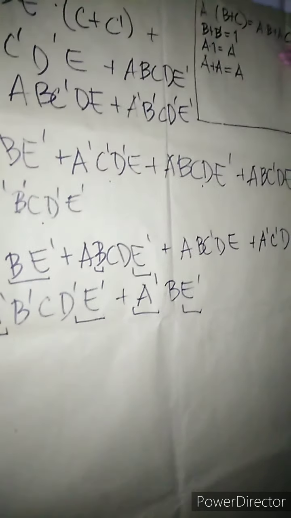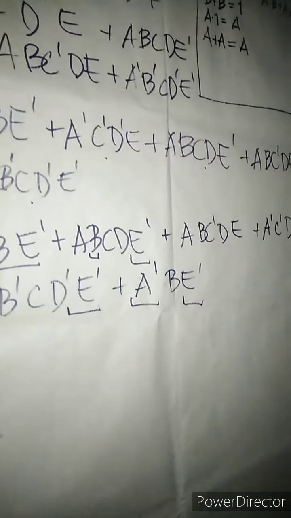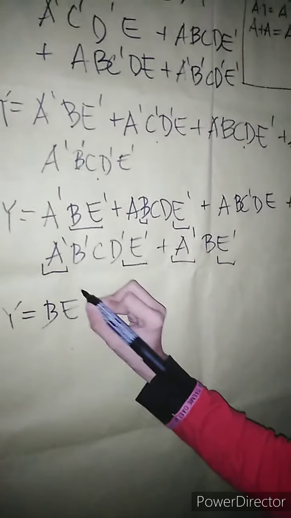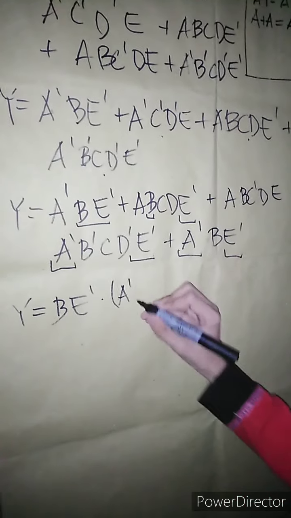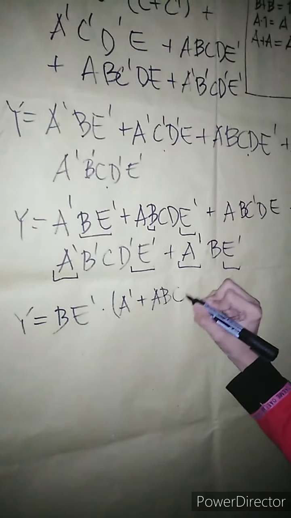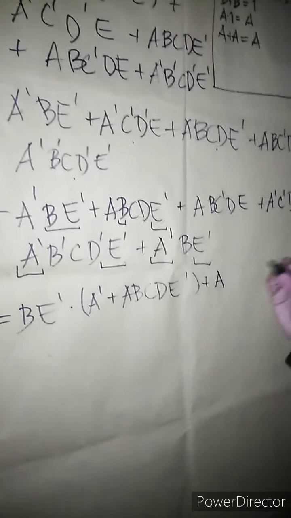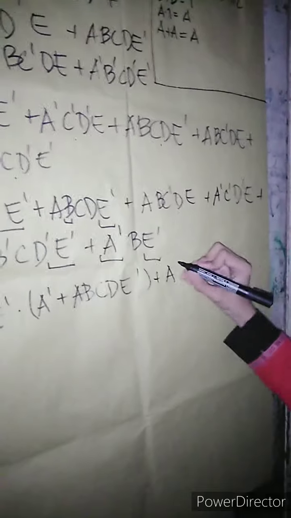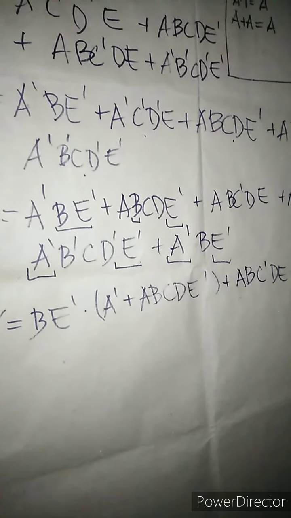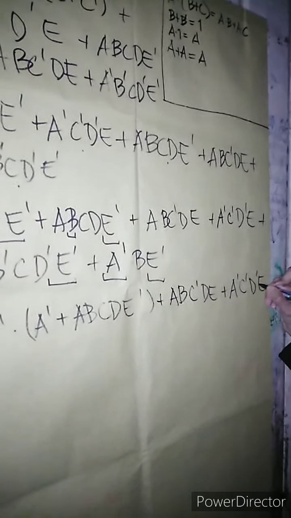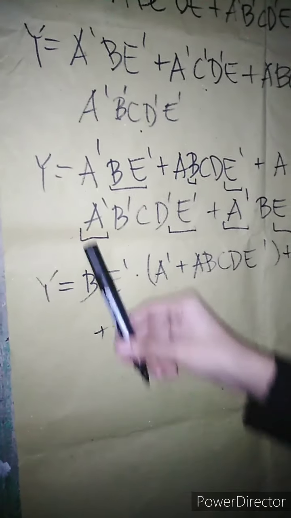So, applying the converse statement of the distributive property, we will have BE prime and A prime or A, B, C, D, E prime, or B, C prime, D, E, or A prime, C prime, D prime, E, or, okay, this one.